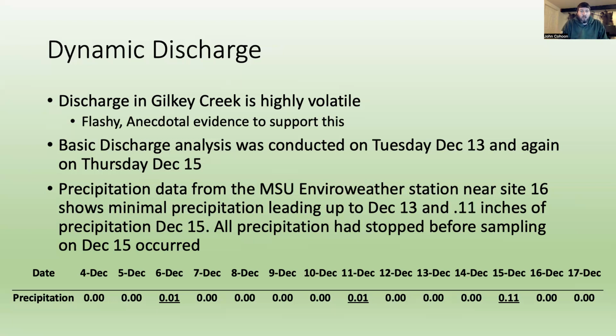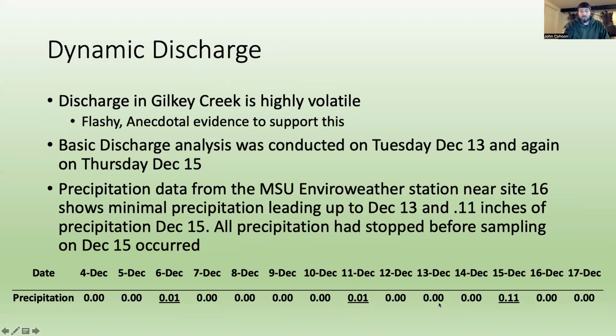And so our particular discharge measurements, the first one was conducted Tuesday, December 13th, and then again 2 days later on December 15th. And you can see here at the bottom of this slide, it shows that we got 0.01 inches of precipitation on the 6th, 0.01 inches of precipitation on the 11th.